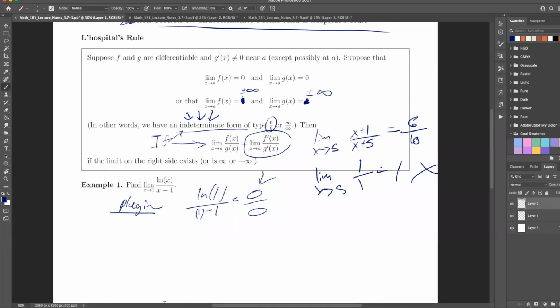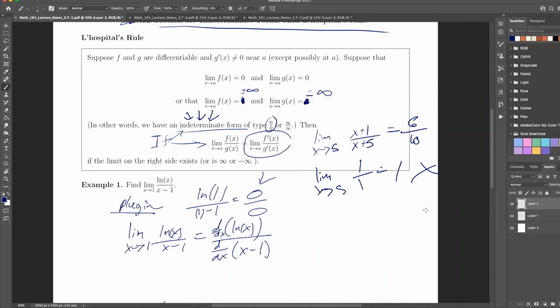So the limit as x approaches 1 of ln x over x minus 1 is equal to the limit of its derivatives. Let me make sure I'm being very clear what I'm doing the first time, and then after that I'll give you a quicker shorthand.